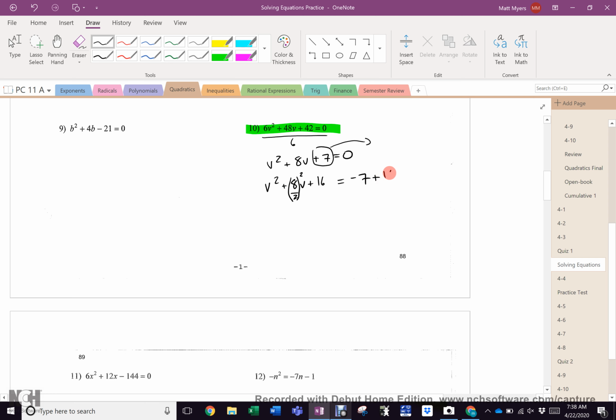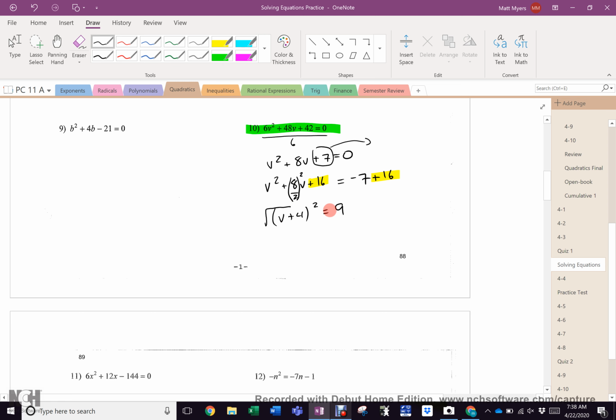So I have to add 16 to both sides because that 16 was not in the original equation. So now factor this side: v plus 4 squared equals negative 7 plus 16, which is 9.